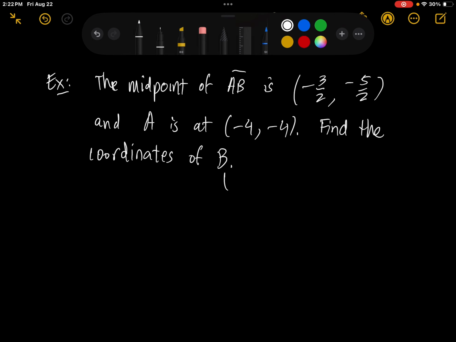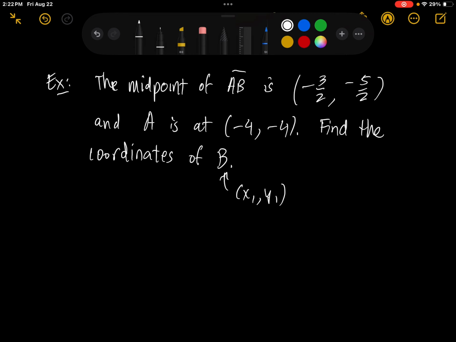Well, let's call the coordinates of B (x1, y1). We're given that the midpoint is (negative 3 over 2, negative 5 over 2). So that means that if you take the x-coordinates of A and B, add them and divide by 2, you get negative 3 over 2. If you take the y-coordinates of A and B, add them and divide by 2, you get negative 5 over 2.